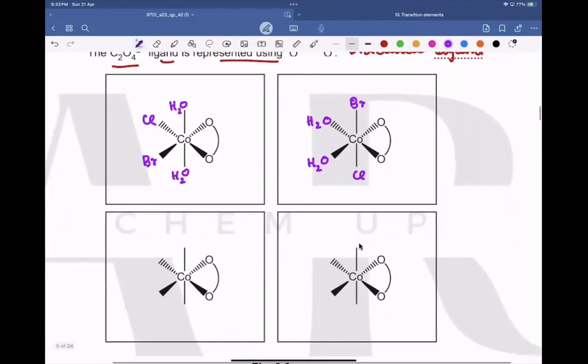Now we have to show two more. So we can change the positions of the water molecules beside these two, the other possibilities, to show two more isomers.